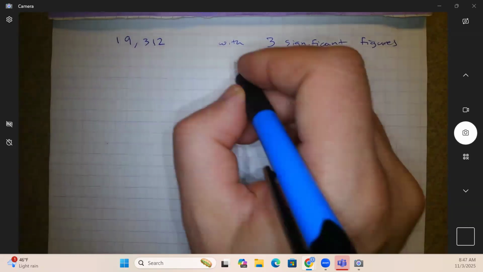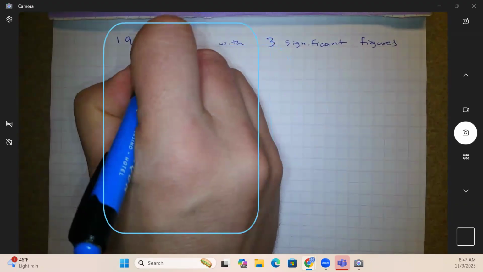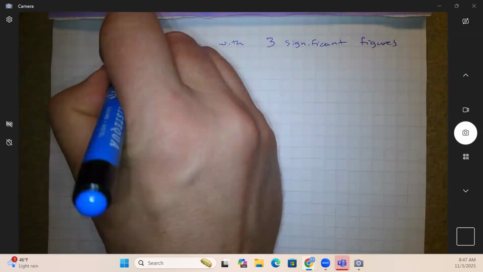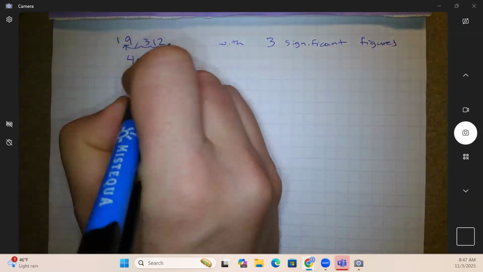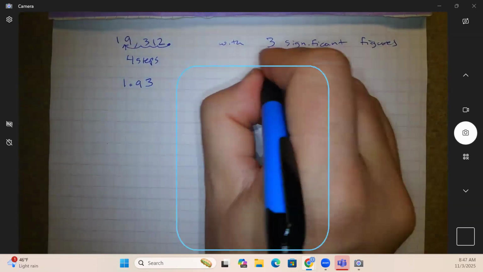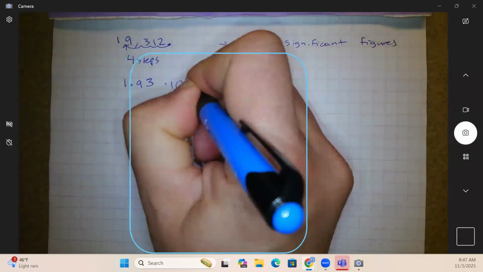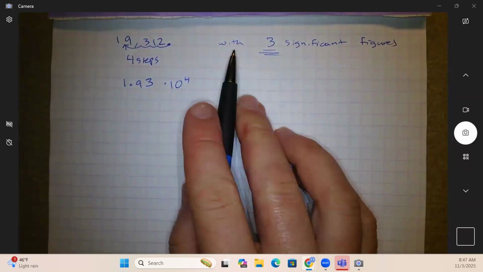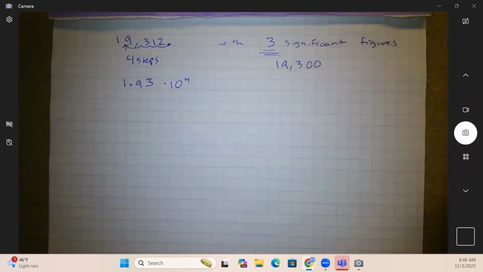So I'm going to write my scientific notation by taking the decimal point that I imagine here and moving it 1, 2, 3, 4 steps. And so I have 1.93 times 10 to the 4th, because 19,312 with 3 significant figures, as far as I can tell, is 19,300.